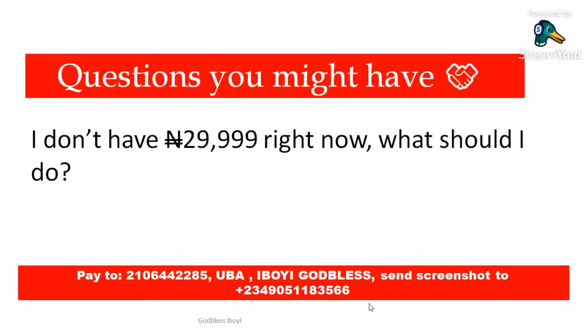Although you're going to get drip access, all right? So you can pay in installments, and when your payment is complete, you can get access to the full program, right? But either way, if you don't have this money, it's not an excuse, right? This is one reason you should do everything possible to get this. You don't have to utter this kind of statement again within yourself, whether silently or in public, right?